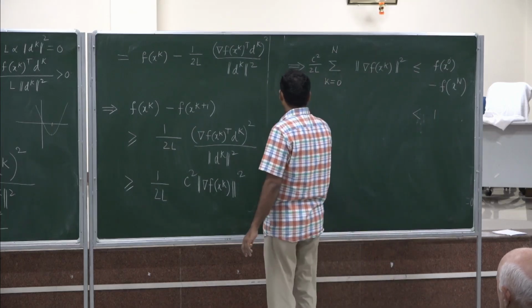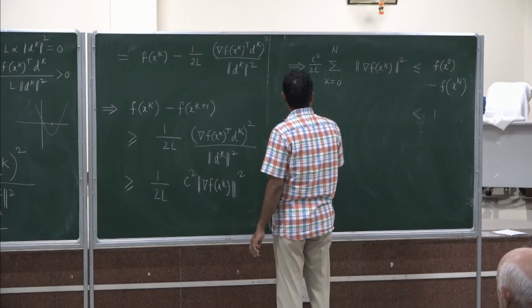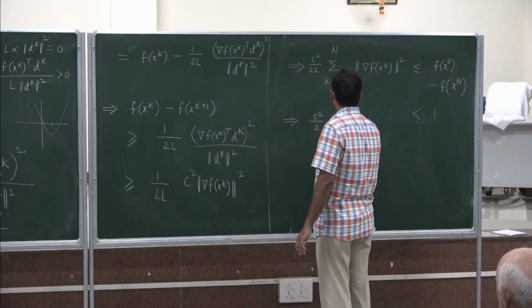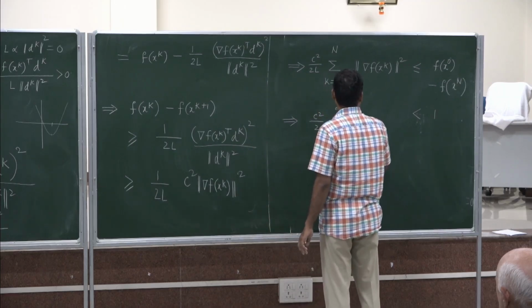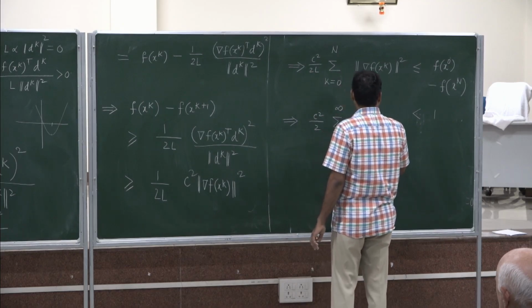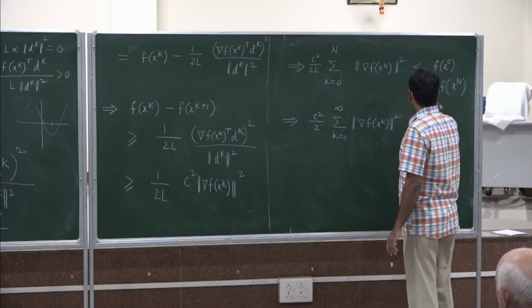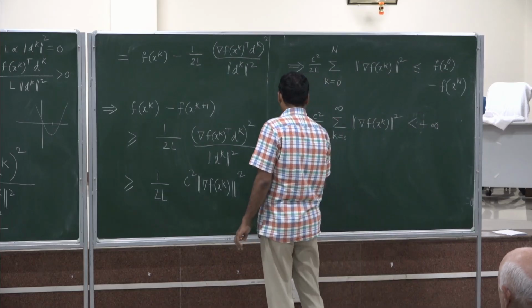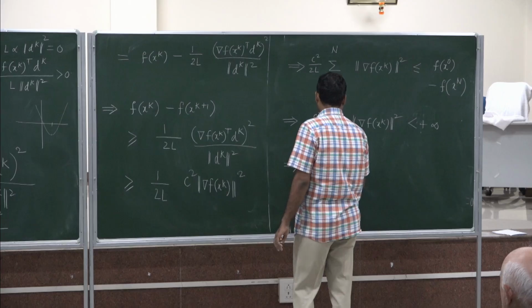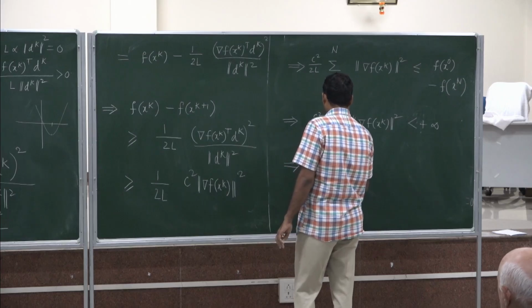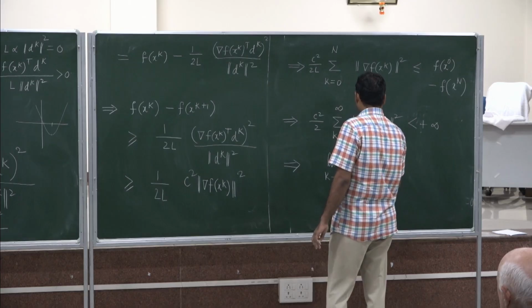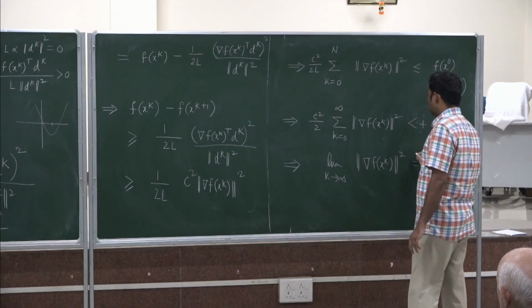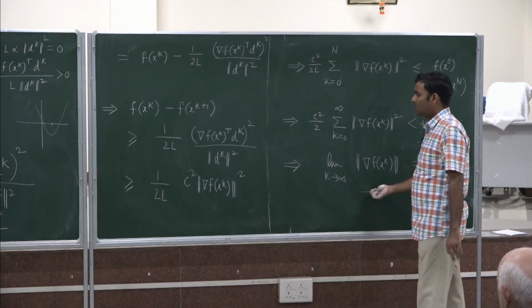Even if I take capital N tends to infinity, c squared by 2L times the sum from k equal to 0 to infinity of norm of gradient f(x_k) squared is less than positive infinity, because f is bounded below. Therefore we simply have the limit as k tends to infinity of gradient of f(x_k) is equal to 0, and that is what we wanted to prove.